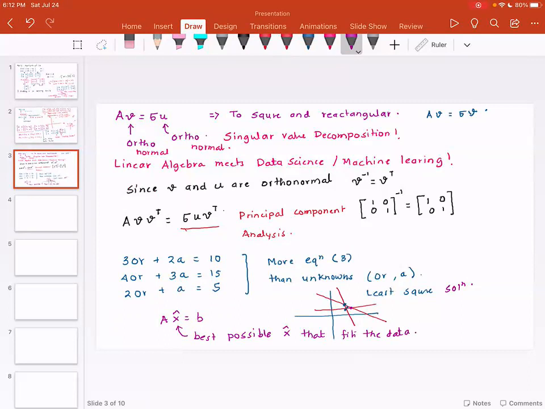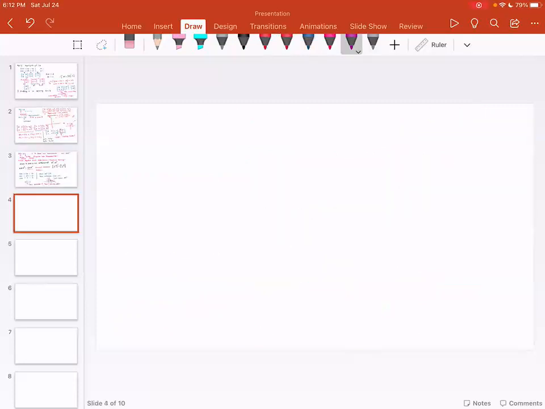Now, a slightly extended version of this problem is something like this. Many a times, we have to express the problem as a minimization problem. So this problem is minimization of the norm of AX divided by the norm of the vector itself.